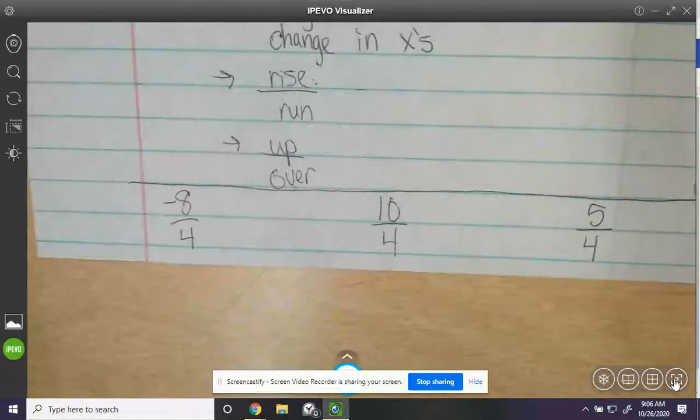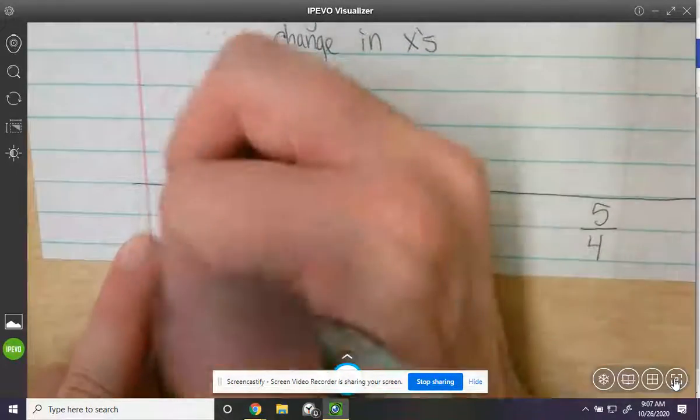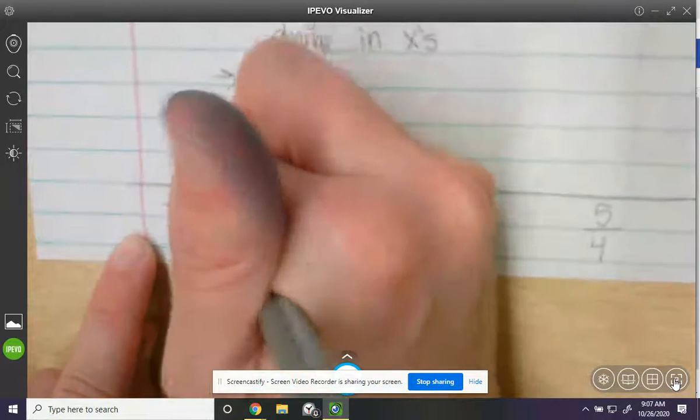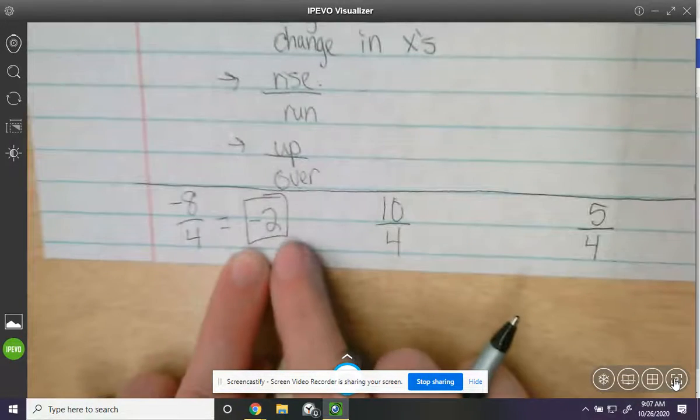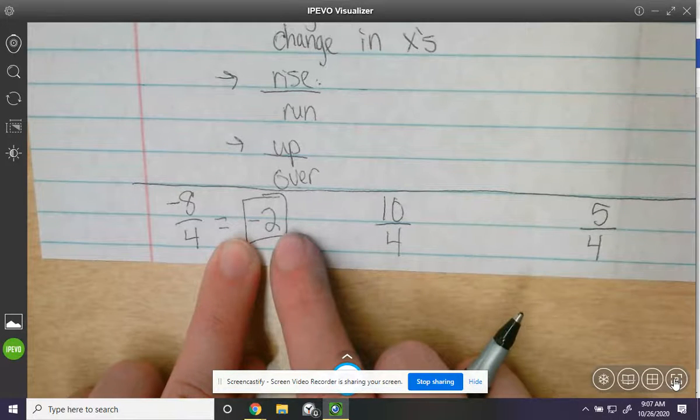It just means simplify. We have to keep our fractions in improper fractions from now on. Because if we turn them into a mixed number, we no longer know how far up, how far over. Okay, so we have to keep them in improper. So this one, if I say simplify this, well, negative 8 divided by 4 is a negative 2. So that would be my answer for that one. If you get this whenever you count, always simplify to get this as your answer.